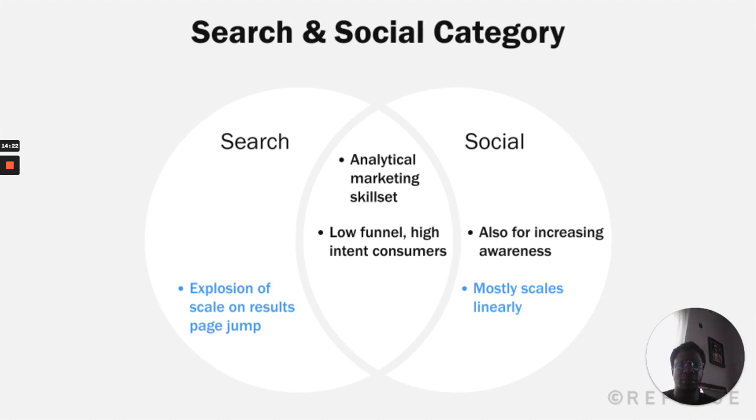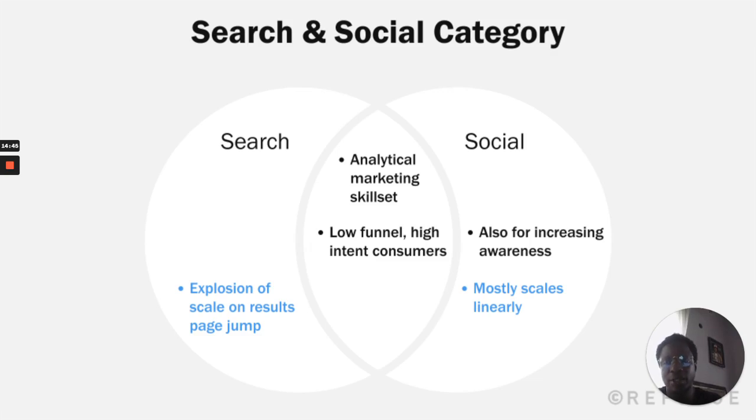Now, when we think in terms of, let's say, the search and social category, for search, for example, you have search engine optimization, you have search engine marketing. Search engine optimization is organic, where you are optimizing certain content so that you can rank in search results when people input their keywords.